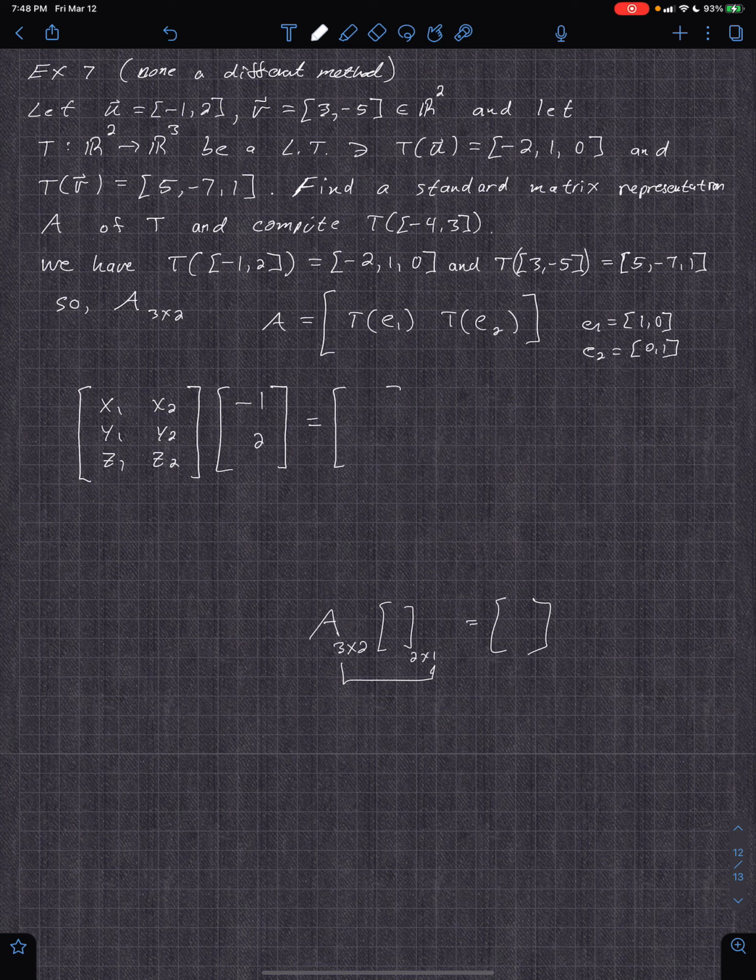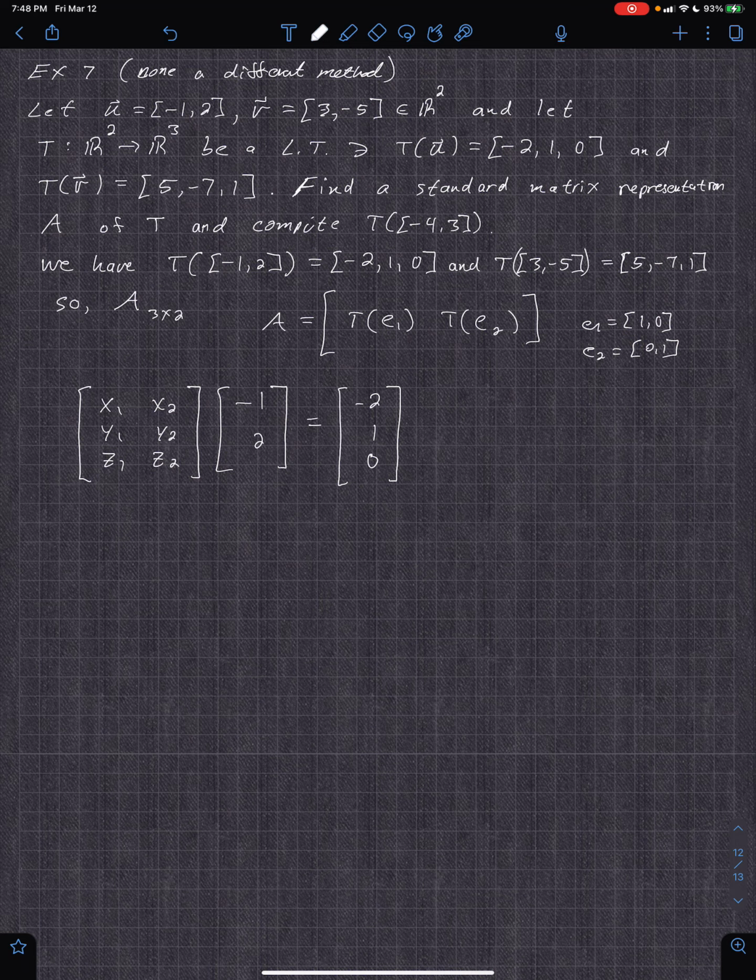That product we want is given. The given product is up here. That needs to be negative 2, 1, 0. So that's negative 2, 1, 0. Let's go ahead and erase that.